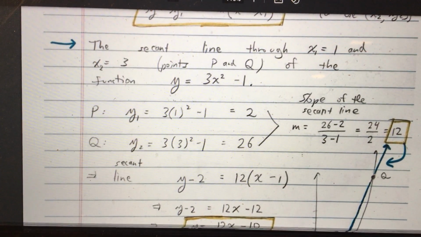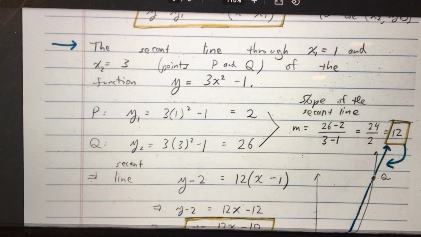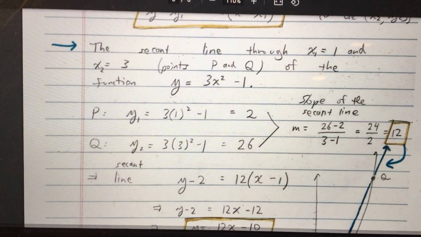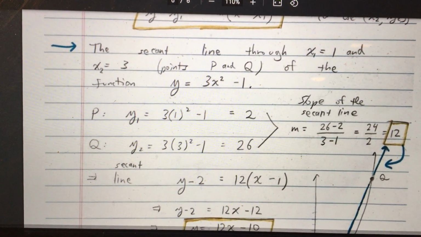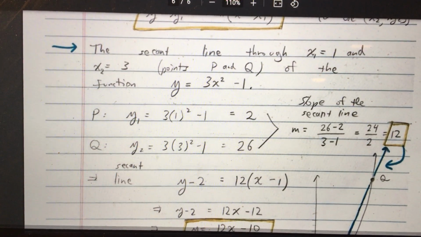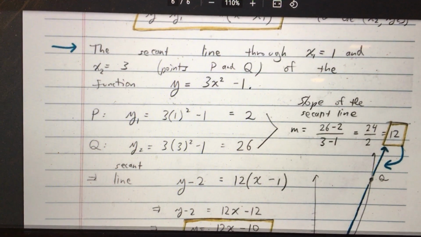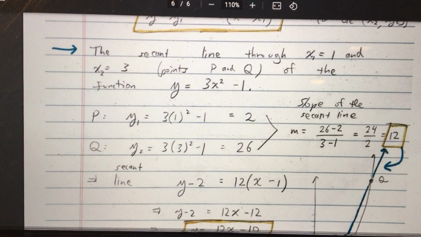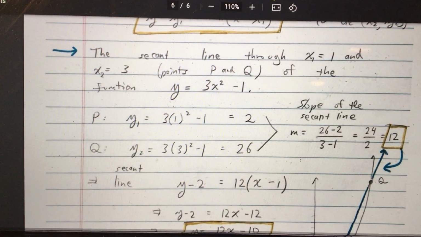A secant line will be through 2 points on the curve, and they'll have to at least tell you the 2 x values. They might tell you the whole point. But in this case, I do an example here. I said let x1 equal 1 and x2 equals 3, and you're going to have to find the 2 y values.